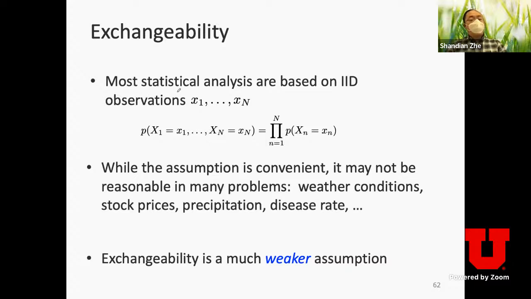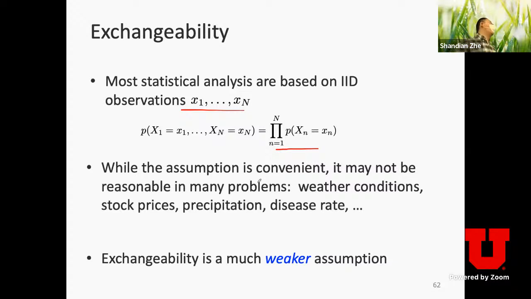We know that most statistical analyses are based on IID observations X1 to Xn. That means we assume X1 to Xn are totally independent, so their joint probability is the product of their individual probabilities. Although this assumption is convenient, it may not be reasonable in many problems, like weather conditions.